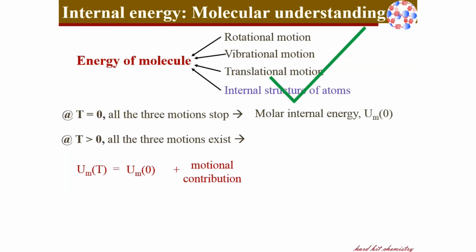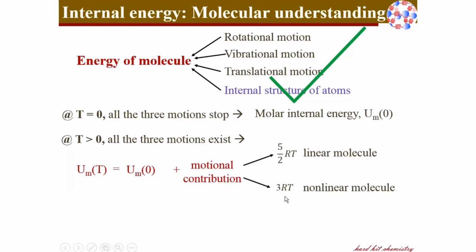And this motional contribution, you can see from statistical analysis that it is expressed by 5/2 RT for linear molecules and as 3 RT for non-linear molecules. T is the temperature and R is the universal gas constant.